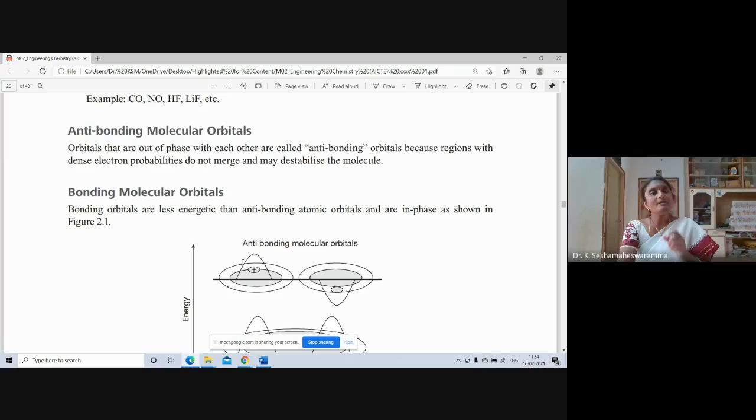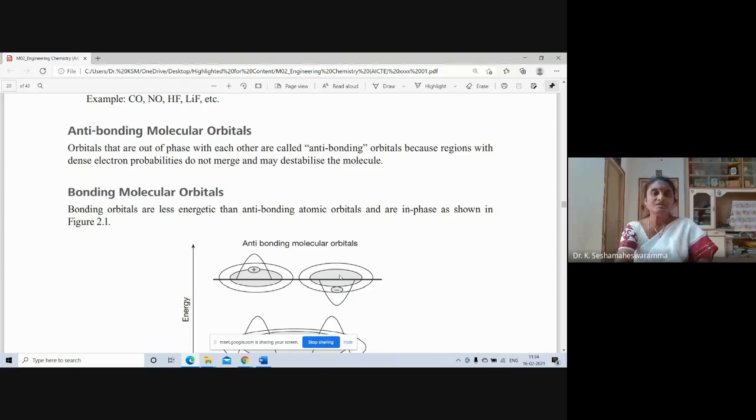Orbitals that are out of phase with each other are called anti-bonding orbitals because regions with dense electron probabilities do not merge. So here the electron density is more here, and the electron density is more here. These two may not merge. That's why they may not form a bond.